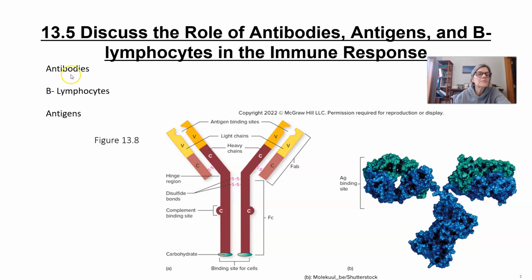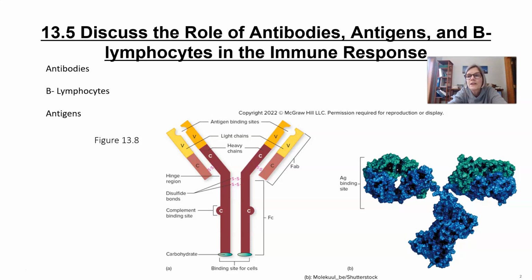Probably most people walk around having some concept of what antibodies are. They're proteins in our blood, and they protect us against pathogens, invading bacteria and viruses and other microorganisms. And you might remember that antibodies are produced by certain white blood cells.